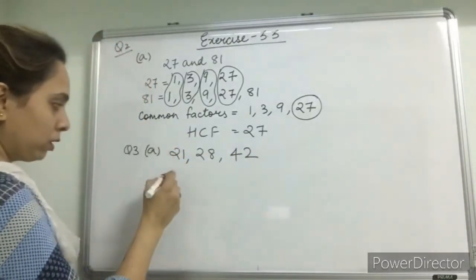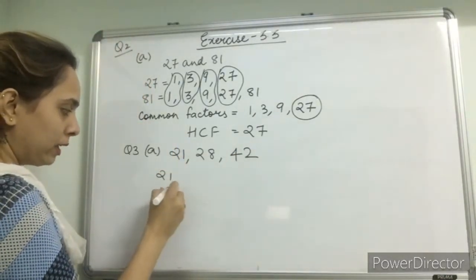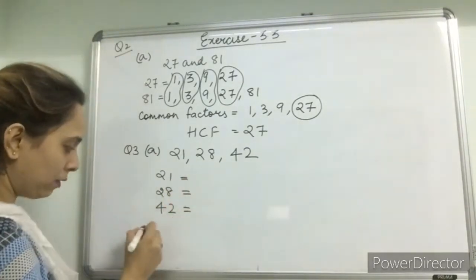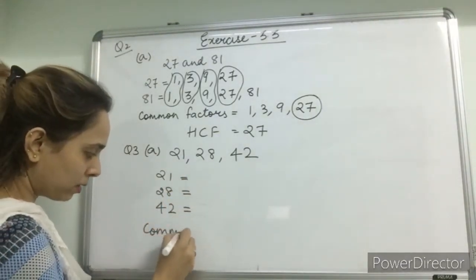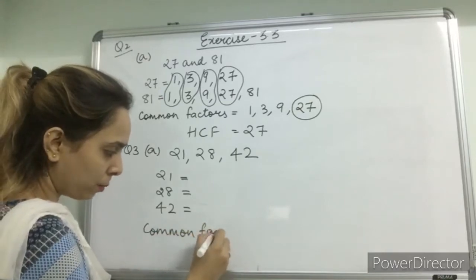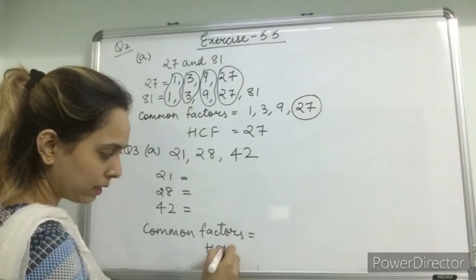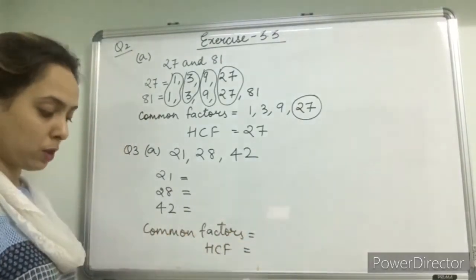So we will list out 21, 28 and 42, and then we will write here common factors and HCF. In this way you are going to do it.